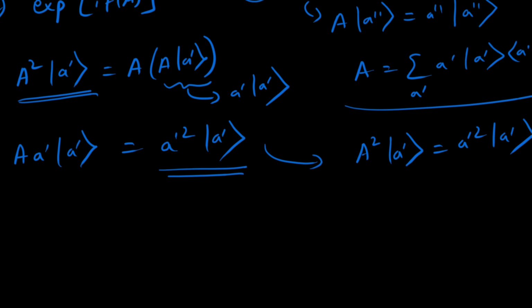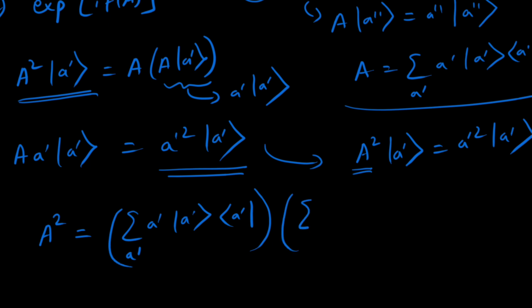So how do we express the operator A square? A square can be represented like the summation of A prime ket, A prime bra, times there would be another one here, that is A double prime ket, A double prime bra.